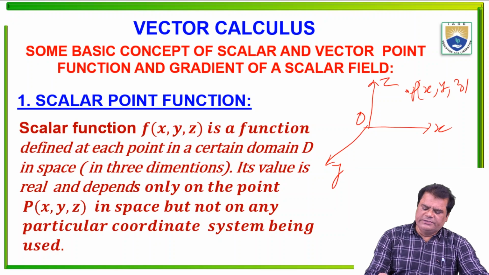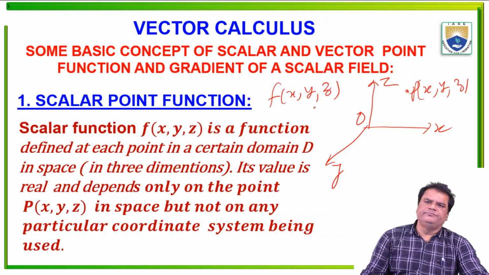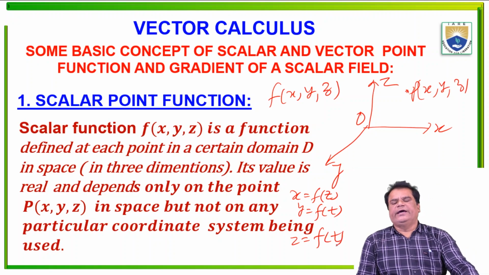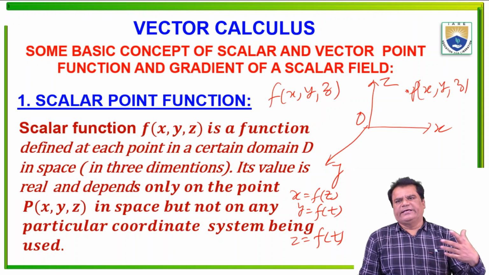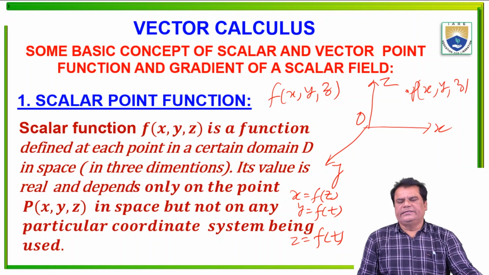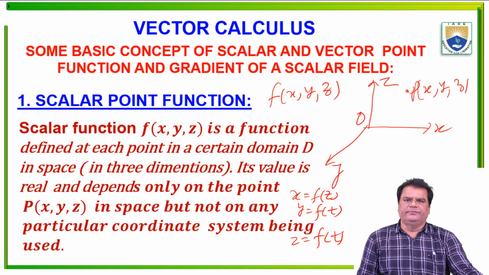The value of the function at this point is f(x, y, z), where x is some function of t, y is also some function of t, and z is also some function of t. x, y, z are functions of t. So this f(x, y, z) is known as a scalar point function or a scalar function in three dimensions at any point.